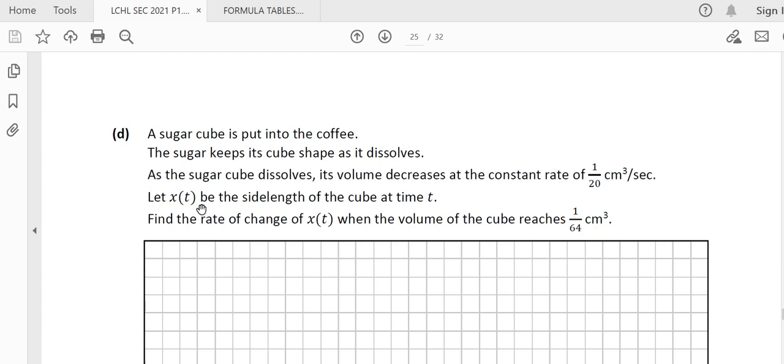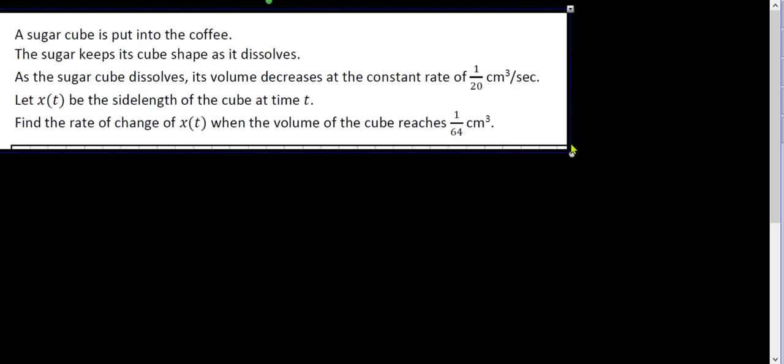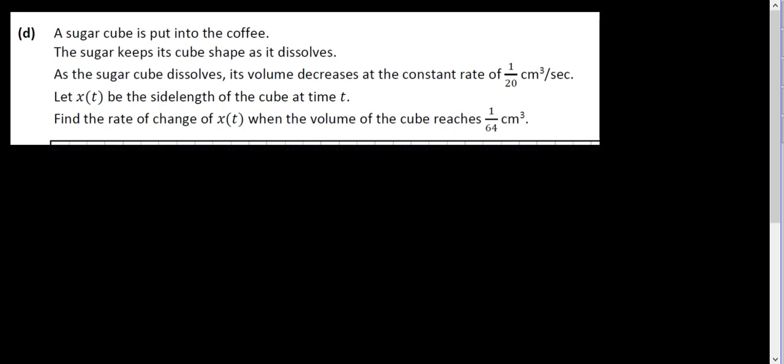Let x(t) be the side length of the cube at time t. Therefore, find the rate of change of x(t) when the volume of the cube reaches 1/64 centimeters cubed. Okay, let's take it and let's break it down. So what are we looking for? Well, we have to find a rate of change. Rate of change means derivative.